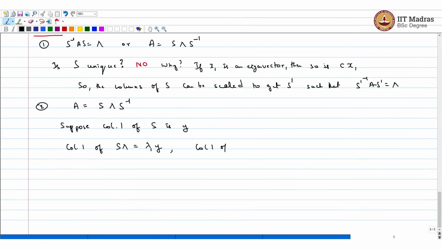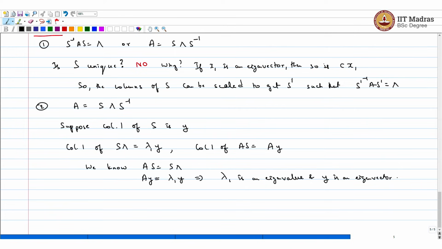Now, what is column 1 of AS? This is nothing but A pre-multiplying the first column, AY. Now, we know AS equals S lambda, which is the same as saying AY equals lambda 1 Y, implies lambda 1 is an eigenvalue and Y is an eigenvector of A.